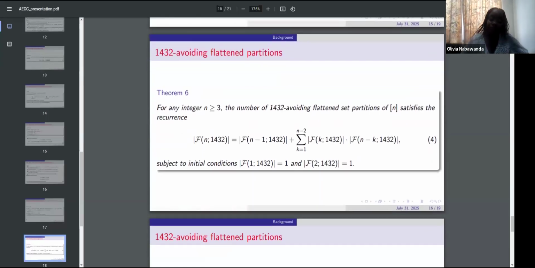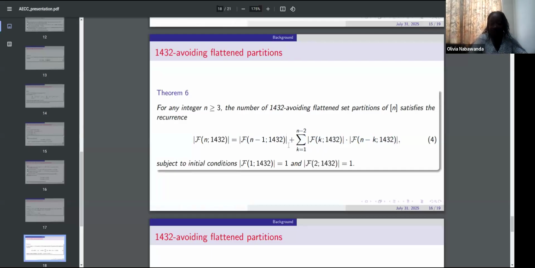And we are also able to come up with a recurrence relation for these numbers, the number of 1432 avoiding flattened partitions, and they were found to satisfy this recursion. And maybe some small hints about the proof.